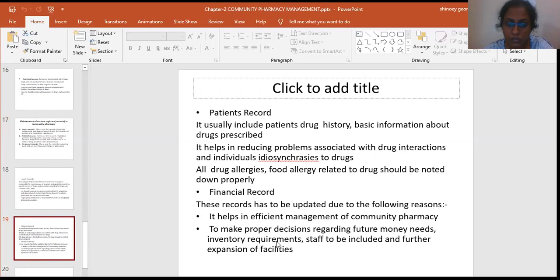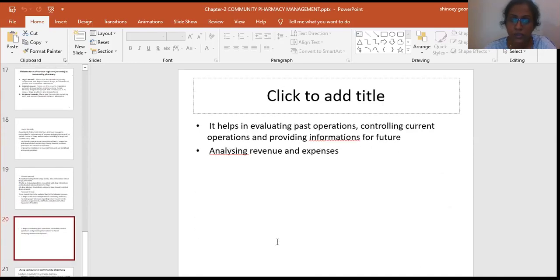Financial records have to be updated because they help in efficient management of the community pharmacy, as well as in taking proper decisions regarding future need for money, inventory requirement, additional staff, or any other expansion of facilities.